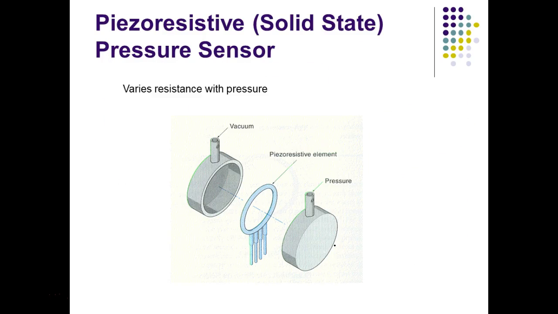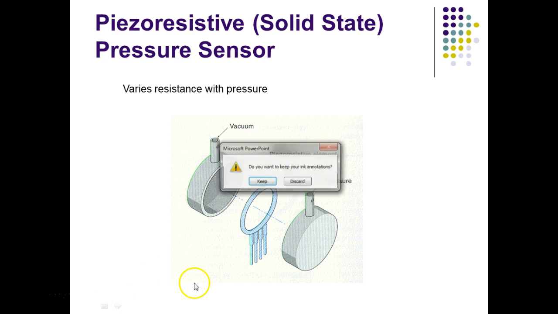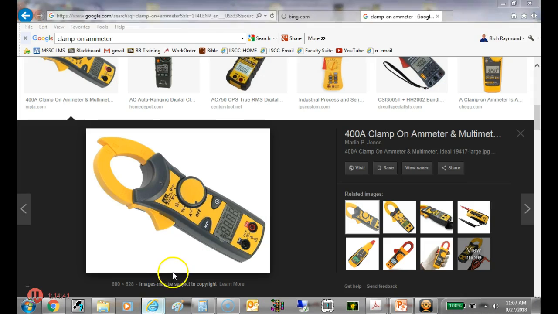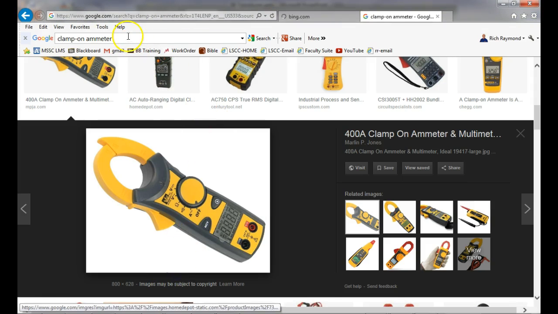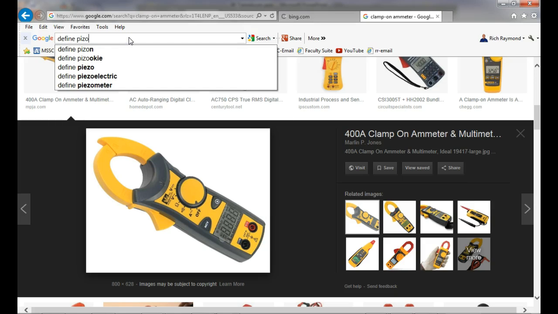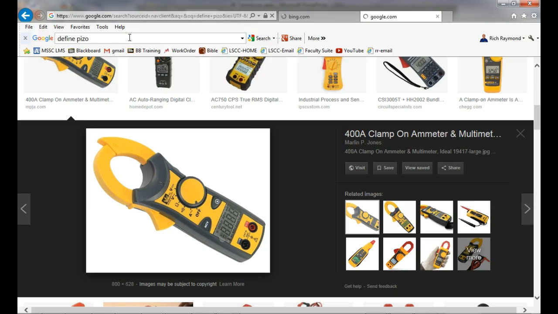Okay, so piezo. What is piezo? Piezo. Yes.